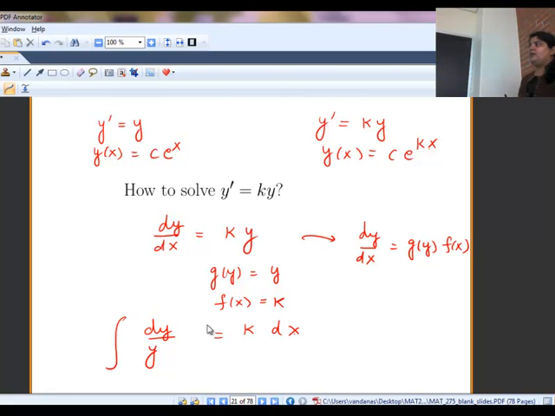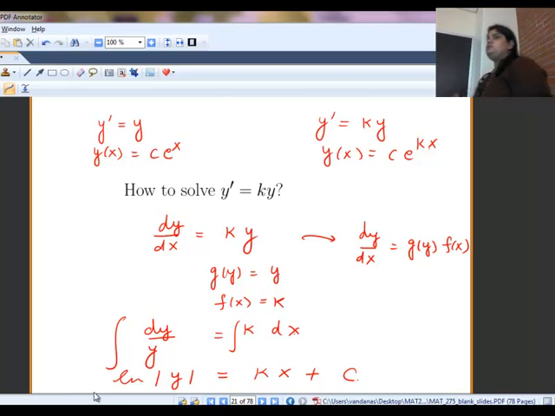Now if I integrate both sides, I will get on the left-hand side ln of the absolute value of y. On the right-hand side I will get kx plus a constant of integration. Okay, now we have to solve for y.